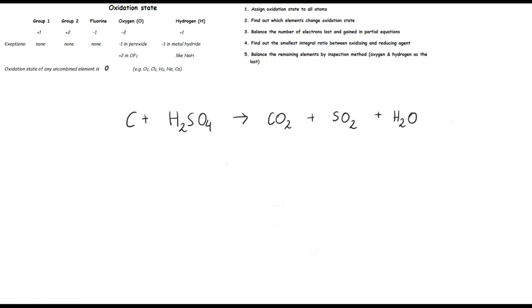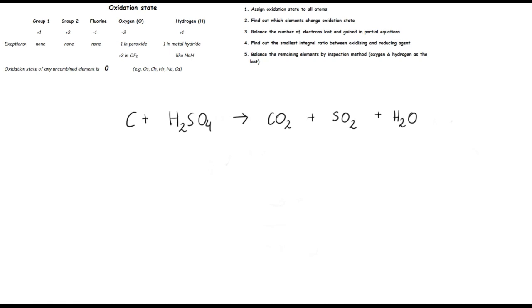So the first thing, what we learned, is to assign the oxidation states to all atoms in the molecule. We didn't use all the values we had in the table. For example, we have information here that the oxidation state of any uncombined element is 0. An uncombined element is an element which exists by itself, like here carbon, it's uncombined, it's only carbon.